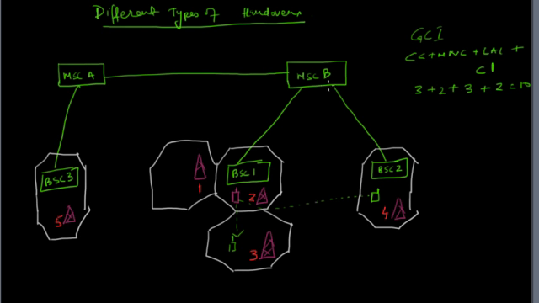So it asks the MSCB to find out which BSC to send the handover request to for BTS number 4. MSCB finds out that BSC2 is the one currently handling BTS number 4, and asks BSC2 to reserve a radio resource channel and be prepared for a handover.